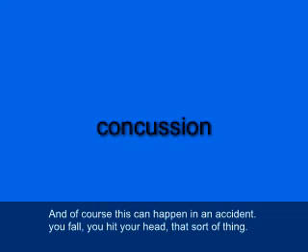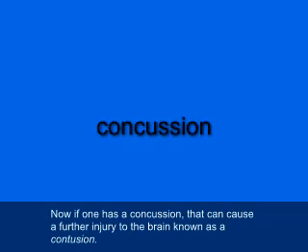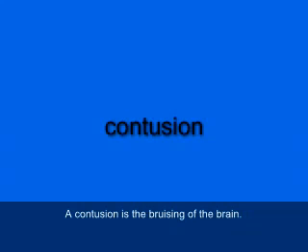And of course, this can happen in an accident. You fall, you hit your head, that sort of thing. Now, if one has a concussion, that can cause a further injury to the brain known as a contusion. Contusion. And the contusion is a bruising of the brain.